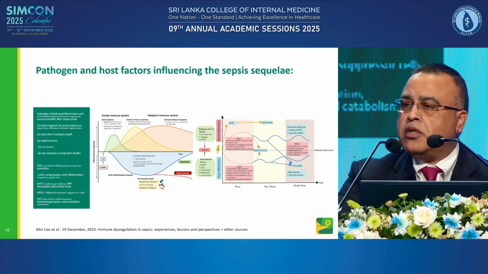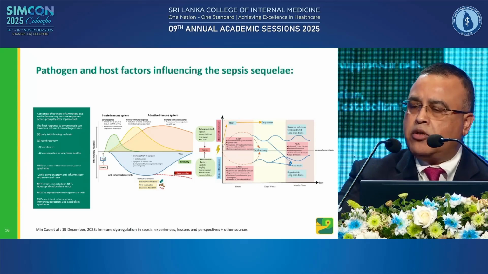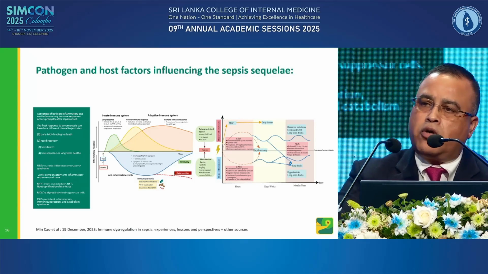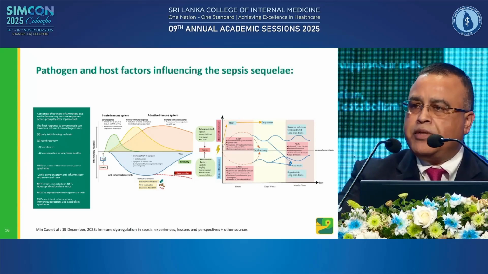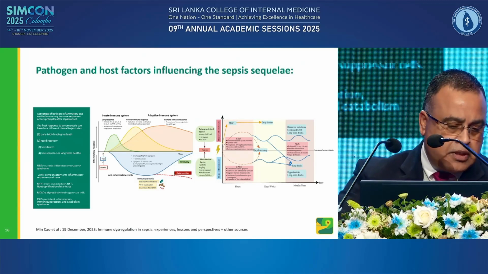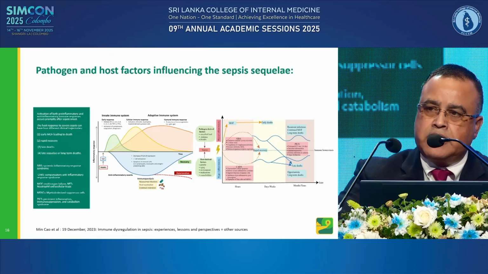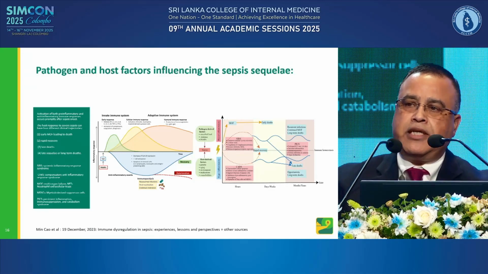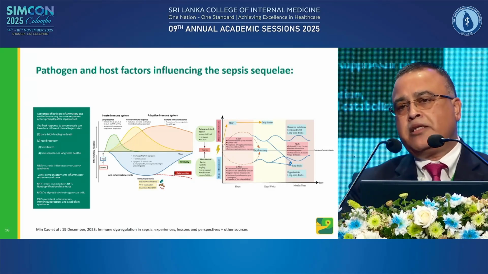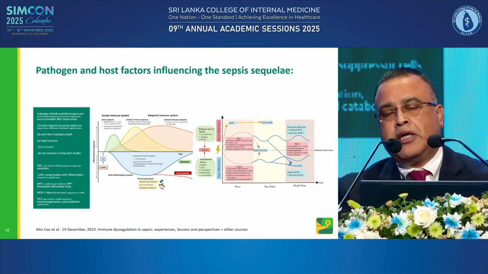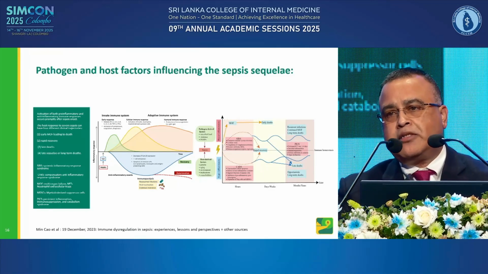But then those 2 are the late deaths based on the nosocomial infections, or you have a lifelong morbidity and so forth. So if you want to learn from today's discussion, just remember 2 things. One is the hyperinflammatory state when there is a pathogen, and then the immunosuppression by the host. So there is a disbalance, that's why it's called a dysregulated clinical syndrome.